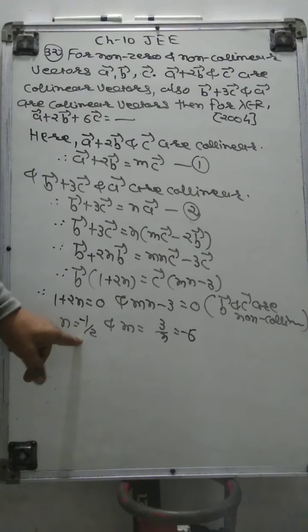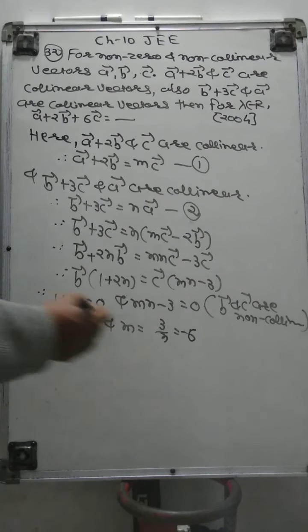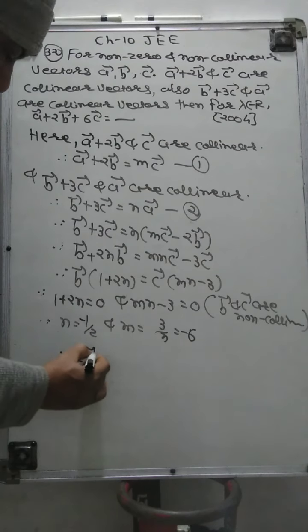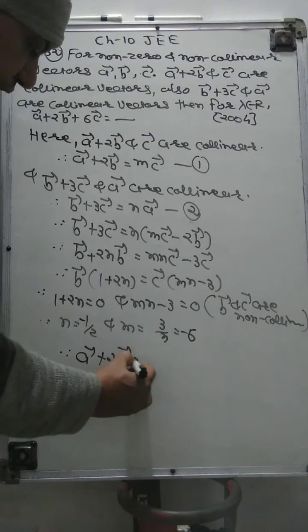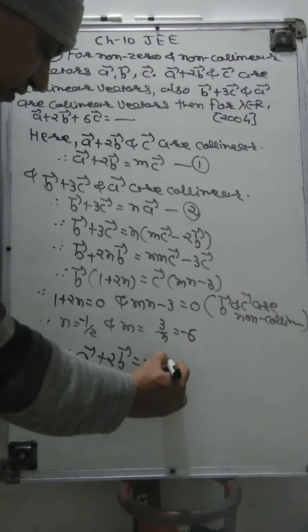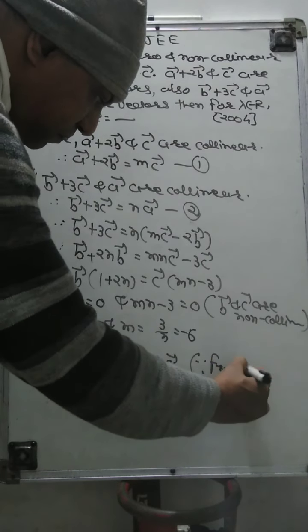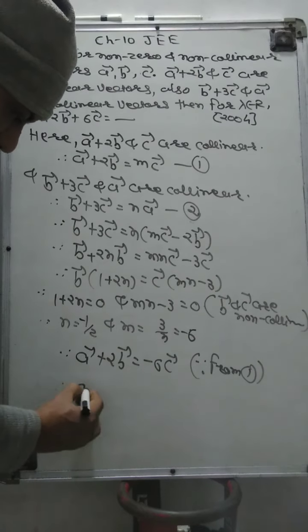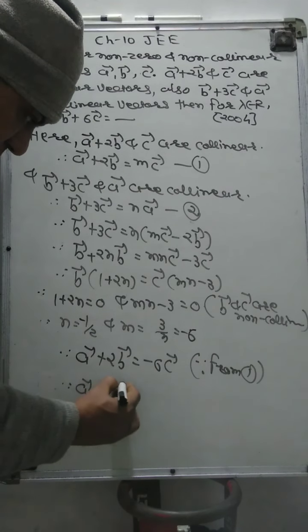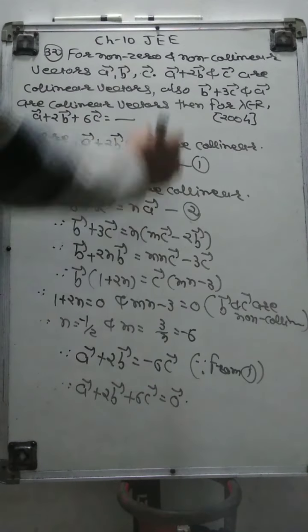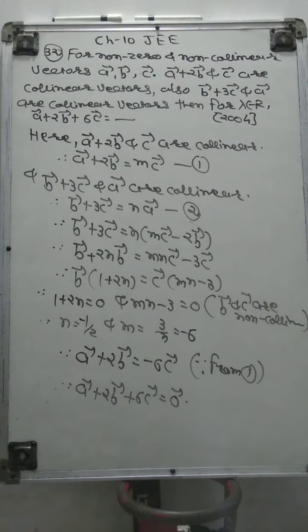Therefore n equals minus 1 by 2 and m is minus 6. So directly we put here: a bar plus 2b bar equals minus 6c bar from 1. And we can say that a bar plus 2b bar plus 6c bar is equal to 0 bar. Therefore the answer of this is 0 bar.